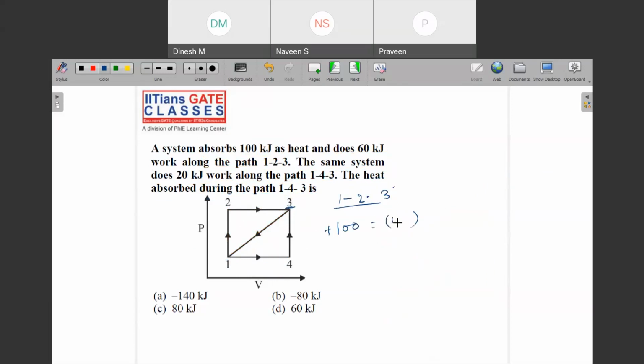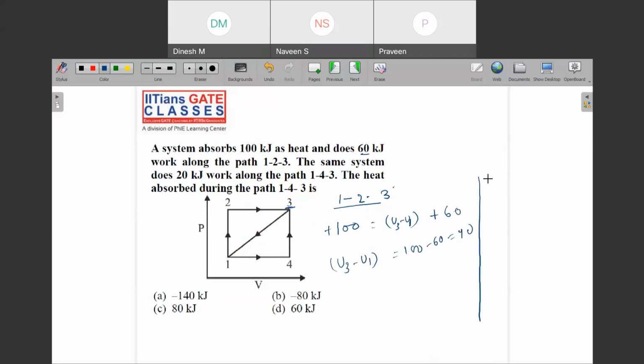So you will write U3 minus U1, final minus initial, plus W, which is given as 60. So what is the value of U3 minus U1 here? This is 100 minus 60, which is equal to 40.